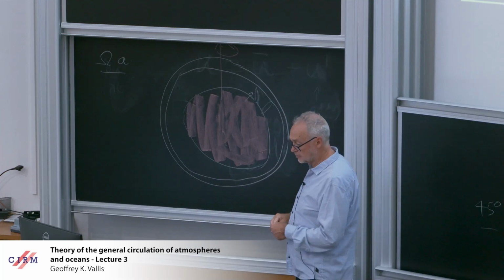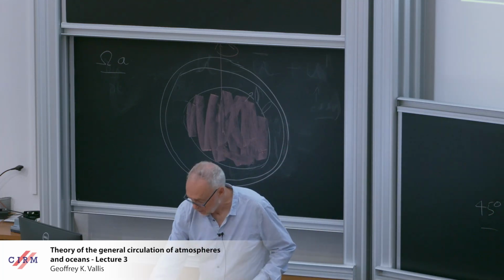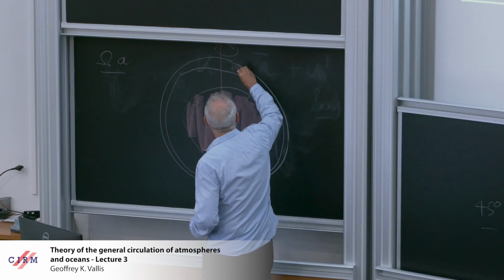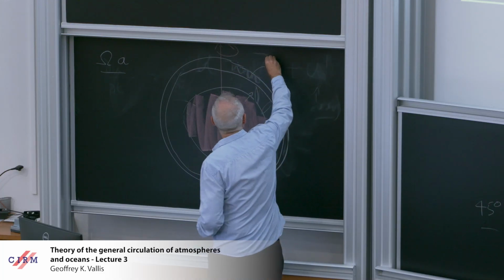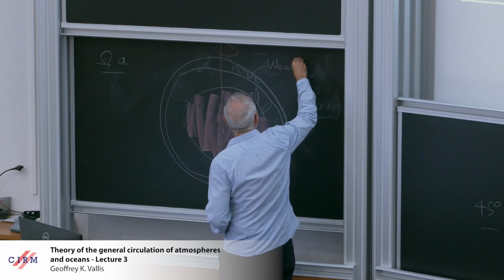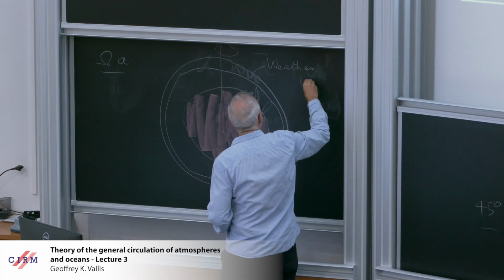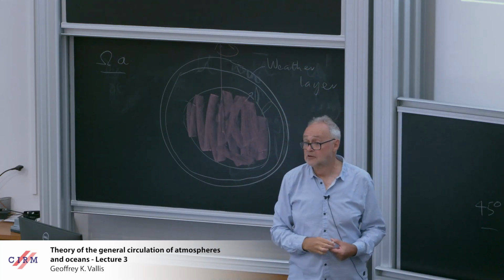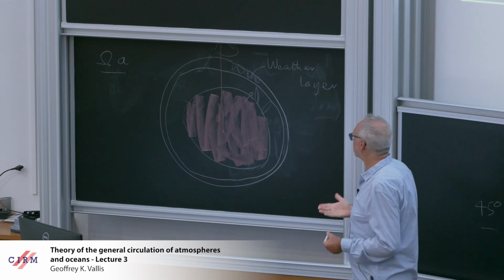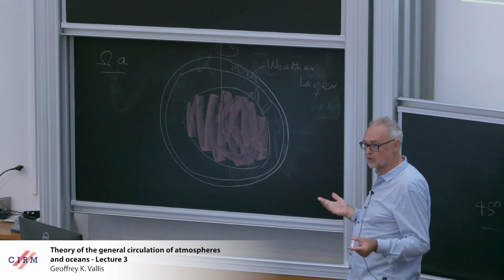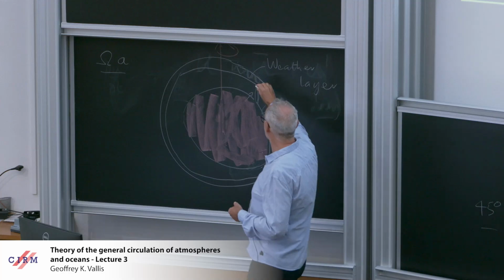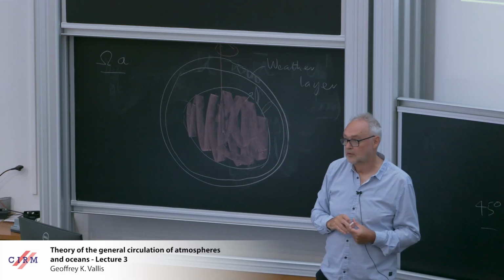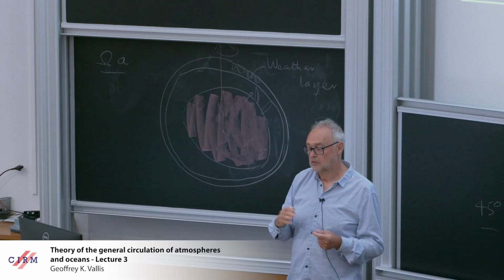And then this layer is sometimes called the weather layer. And that's a layer that you can see. And there are two reasons why you might get two-dimensional turbulence. First of all, this weather layer is a little bit like Earth's weather layer. It's stably stratified.